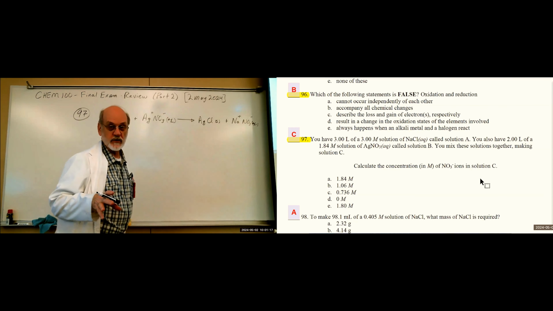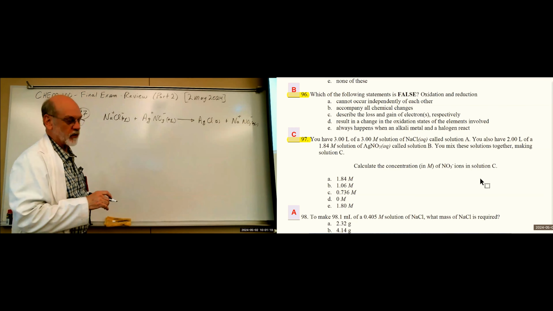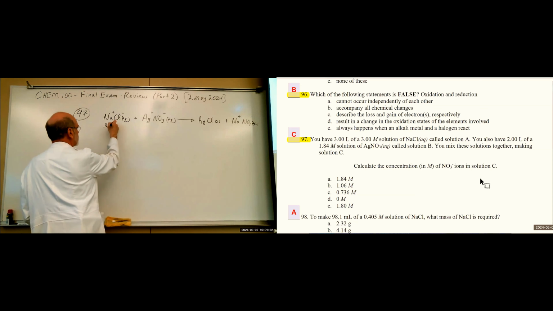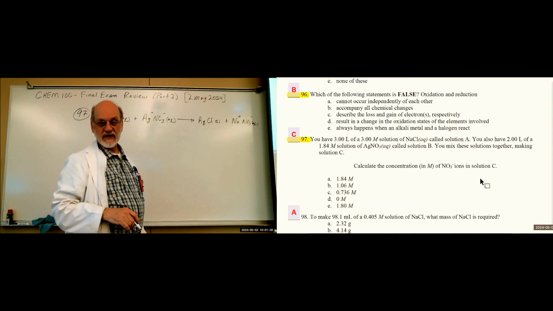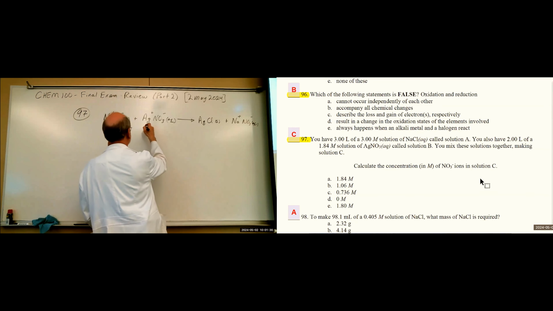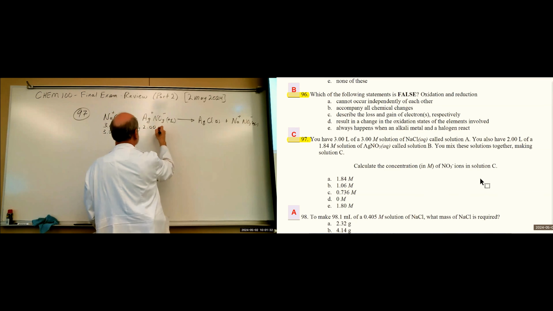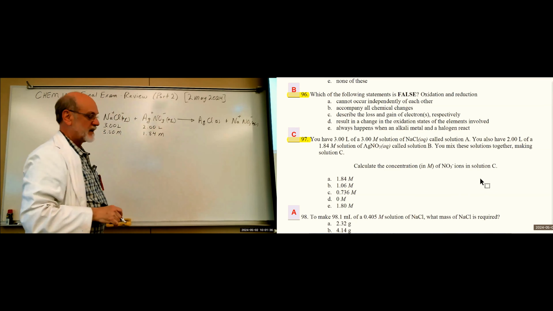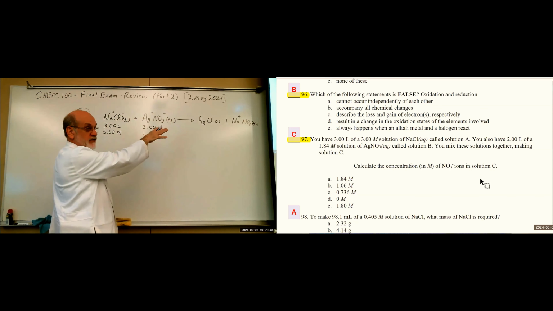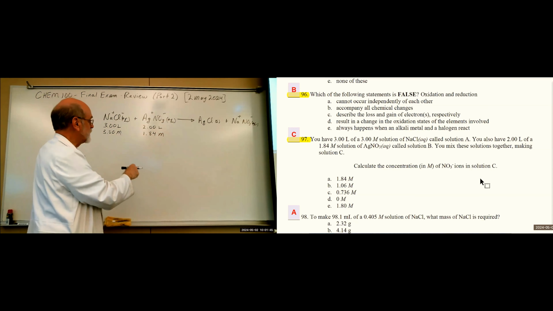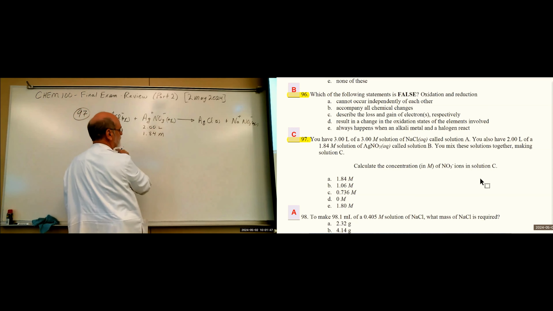So solution A has 3 liters of 3 molar. And solution B is 2 liters of 1.84 molar. If we need to find out the concentration of nitrate in the final solution, we need to know the number of moles of nitrate.